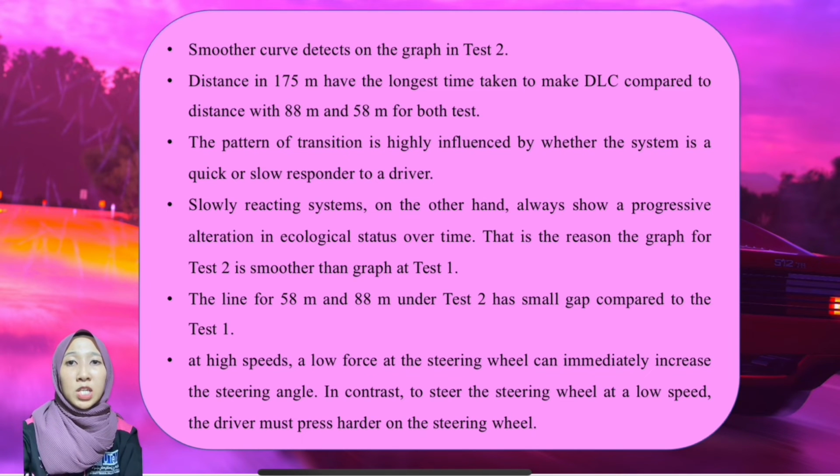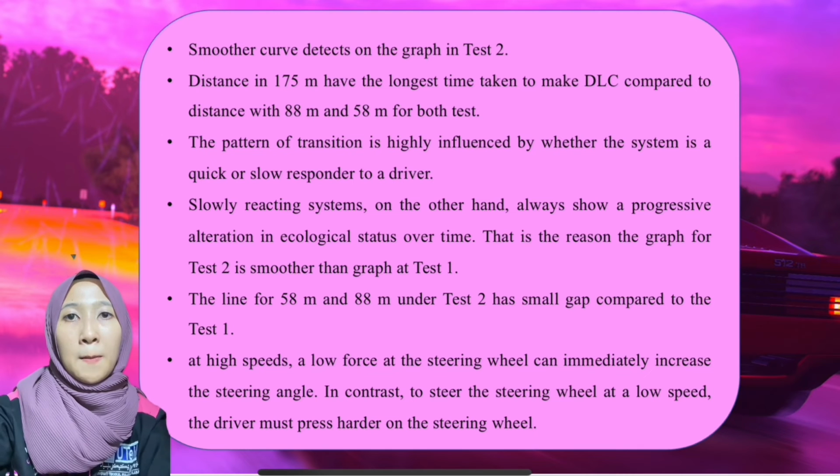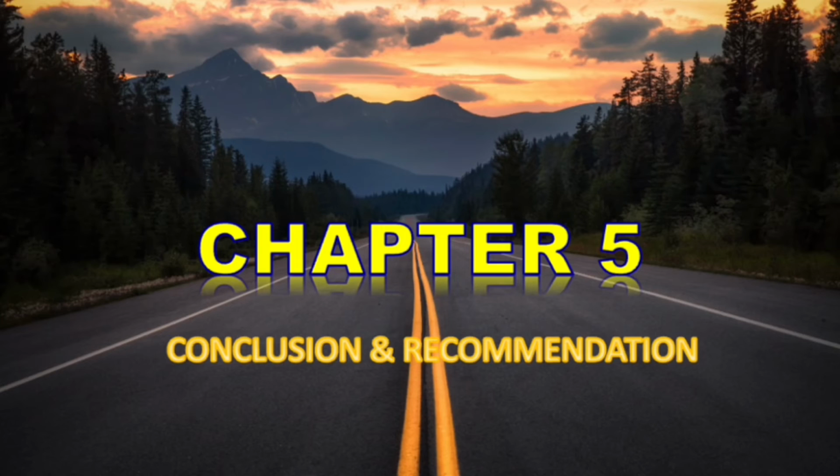In contrast, at a low speed, the driver must press harder on the steering wheel. So that means it requires more force to lower the speed as we push the brake pedal.